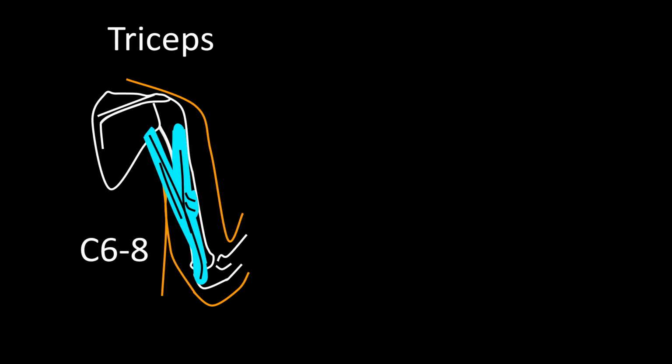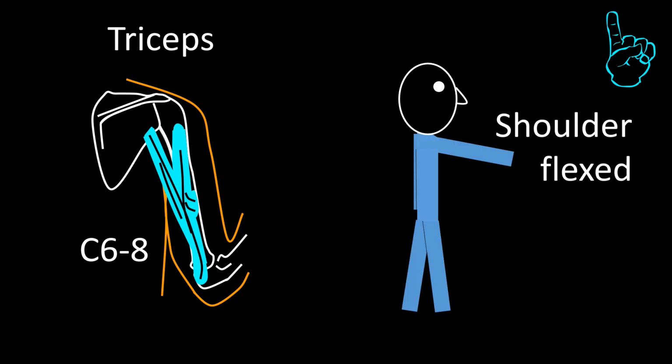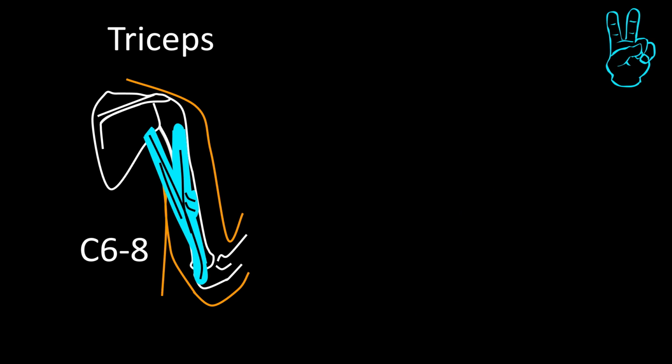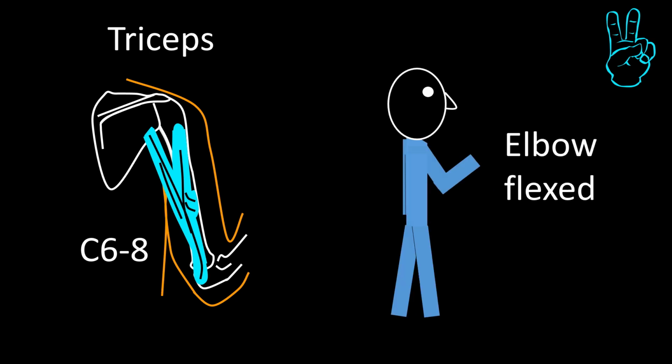The triceps receive fibers from C6, C7, and C8 spinal segments. It has 2 actions. The first one, from shoulder flexed position: shoulder extension. The second action, from elbow flexed position: elbow extension.